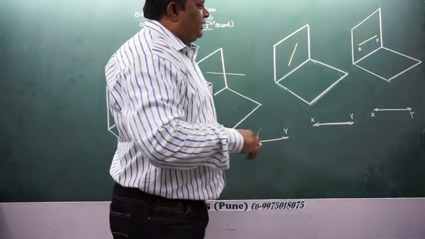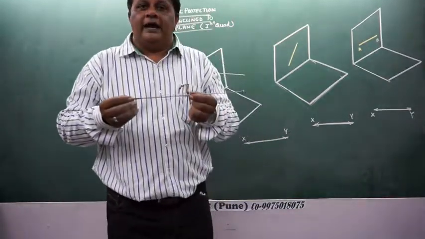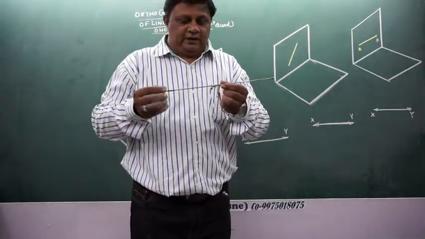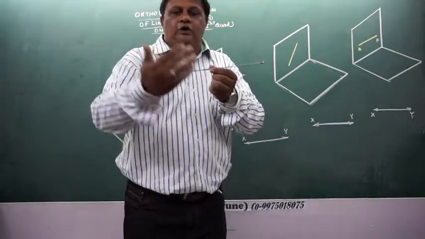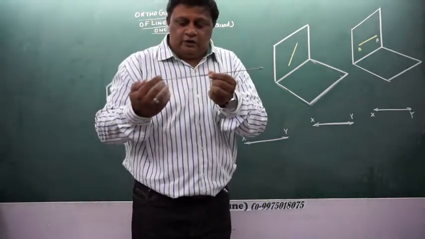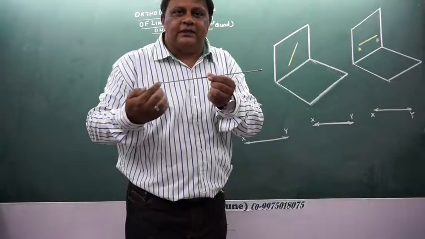Let's talk about the very first one, when the line is parallel to both HP and VP. If it is in this condition, and you are looking from the front, what will you see? You will see the actual length of this line.